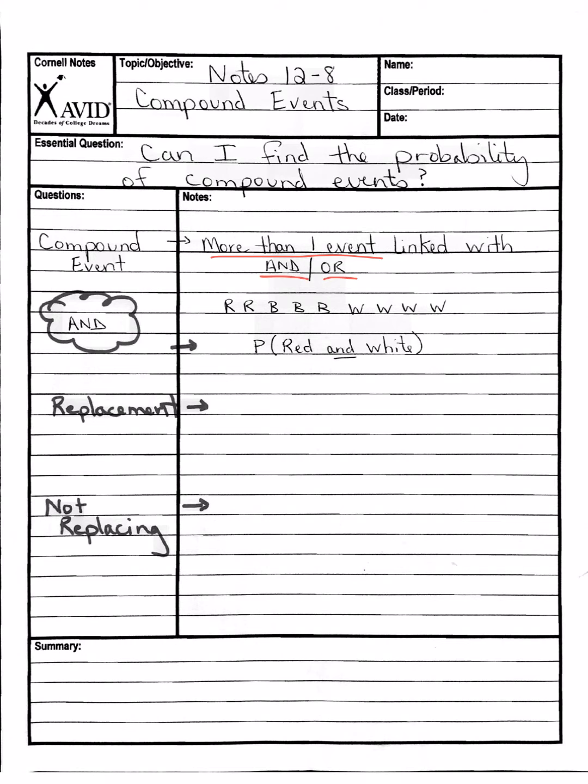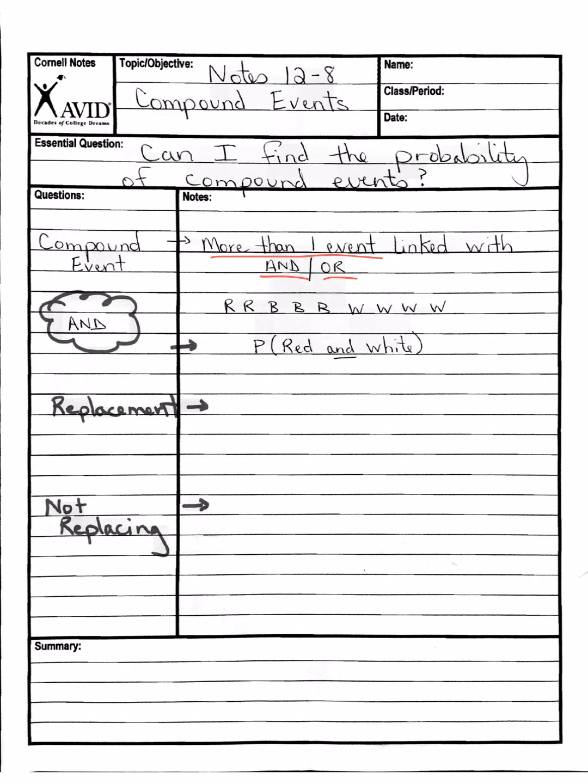So if we want to know the probability of taking a red block out and a white block out of the bag, we also need to think about what we call replacement. Replacement means I take one block out of the bag, and whatever I pick, I put it back before I pick my second one.